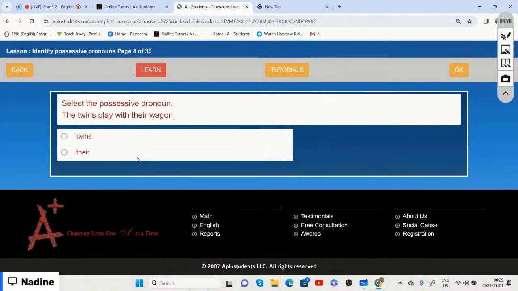So if we select the possessive pronoun, is it twins or their?